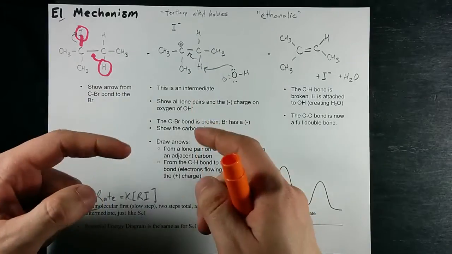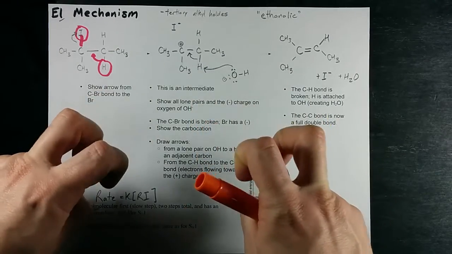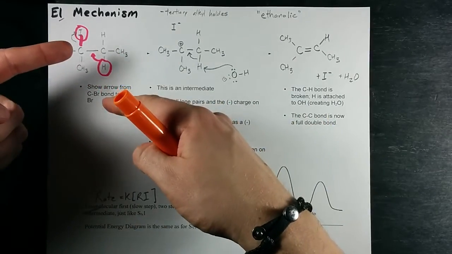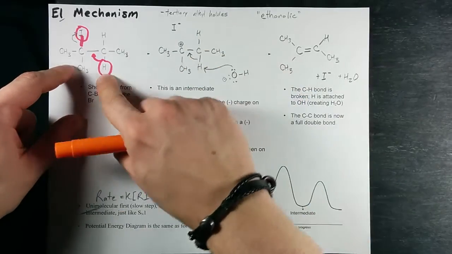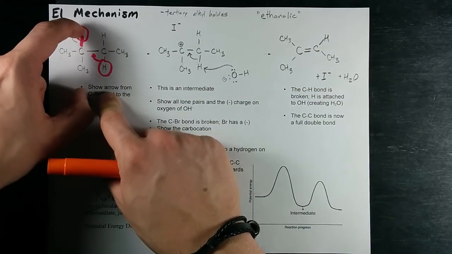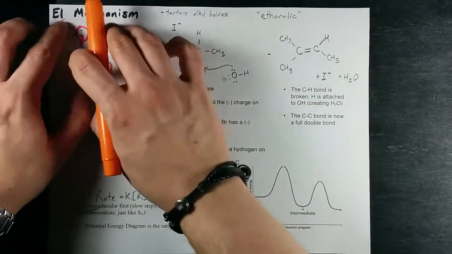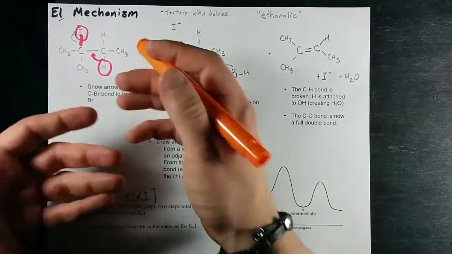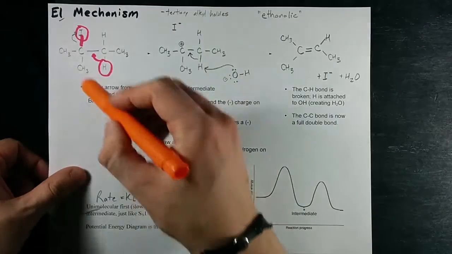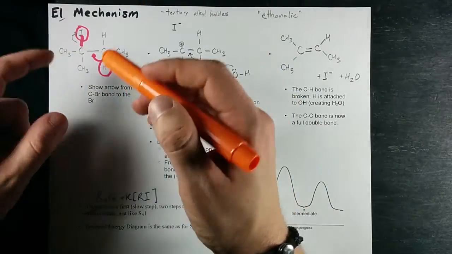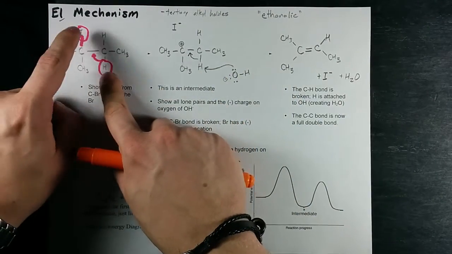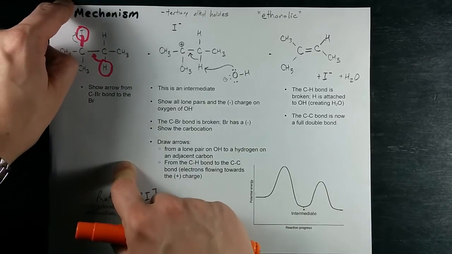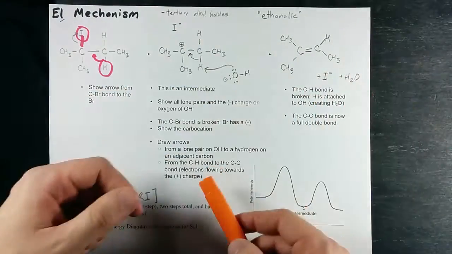I think it's called an anti-conformation, where the H gets removed and the I gets removed at the same time. It's much less important in an E1 than it is in an E2. In fact, now that I think about it, I don't know if that even applies in E1, but nonetheless, I'm going to tell you anyways. I like showing the H and the I opposite each other, and then you make your alkene and you're done.